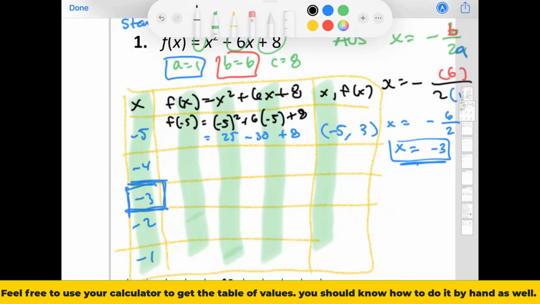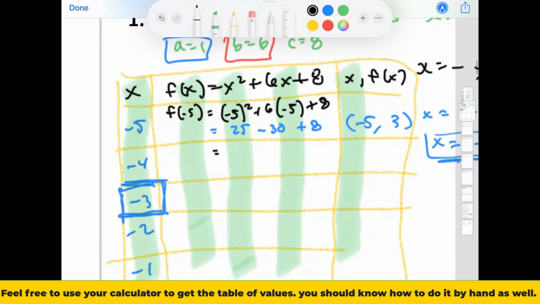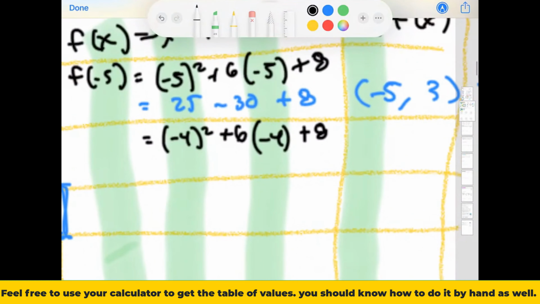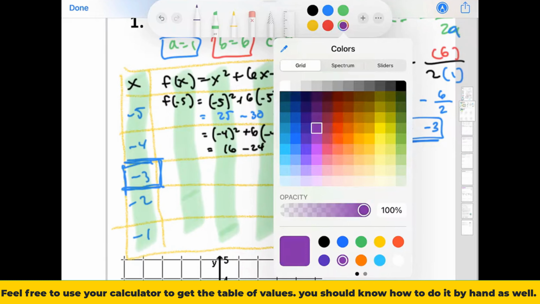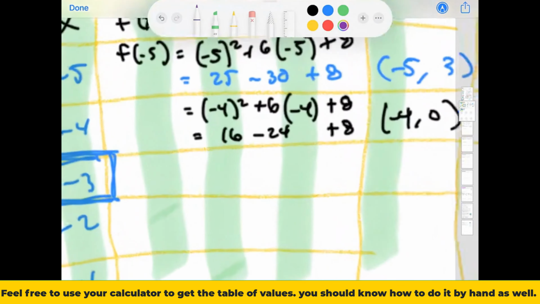Okay, let's do negative 4. Negative 4 squared plus 6 times negative 4 plus 8. Negative 4 squared is 16 minus 24 plus 8. So I'll get minus 8 plus 8. That'll give me 0. Negative 4 comma 0. All right.